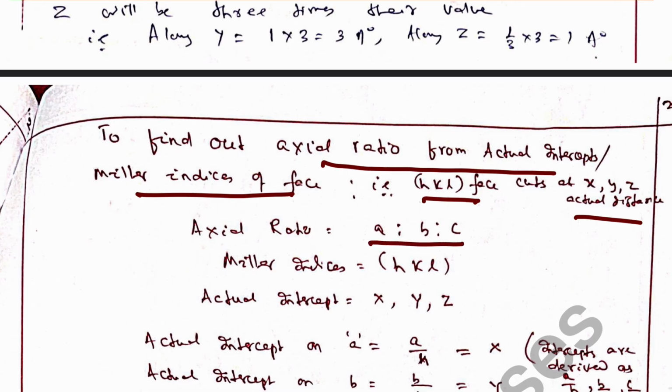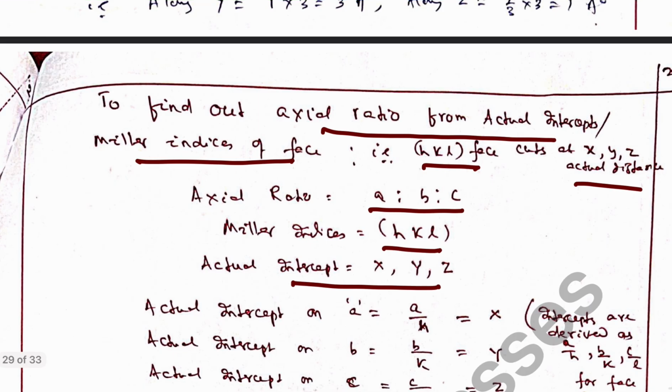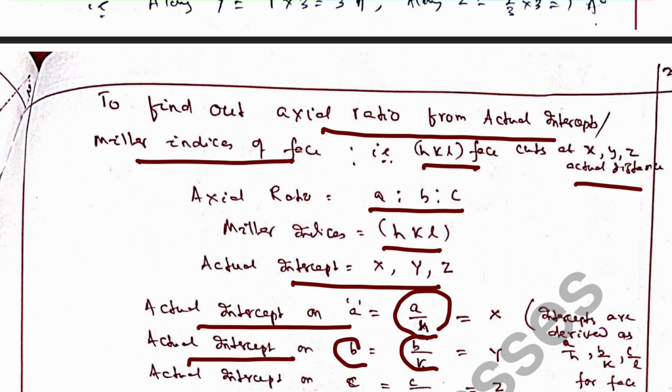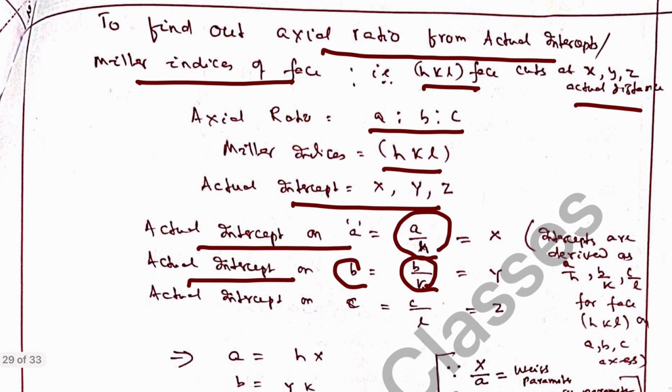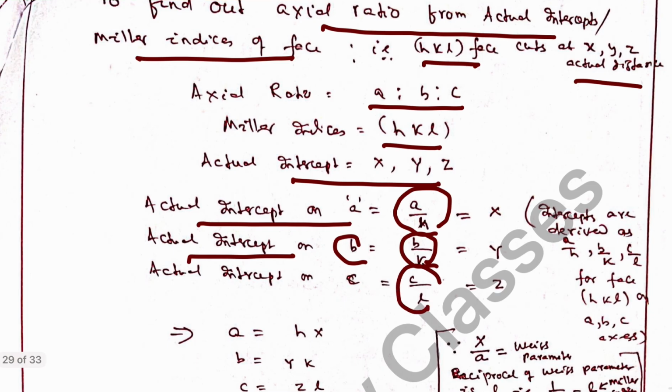Miller indices is given as hkl. So actual intercept is x, y, z. Actual intercept on a is a by h. Actual intercept on b is b by k. Actual intercept on c is c by l. It has been shown that they are x, y and z.